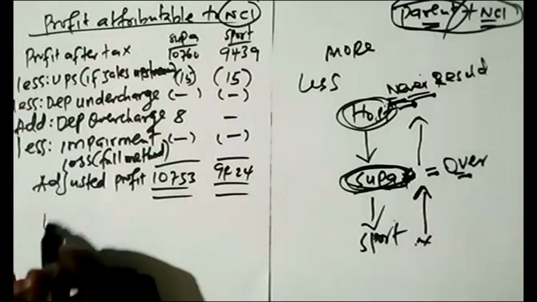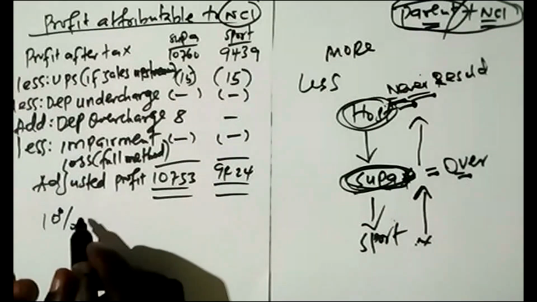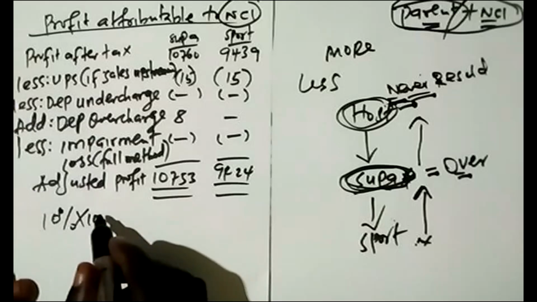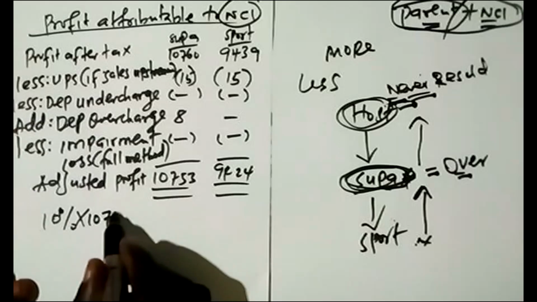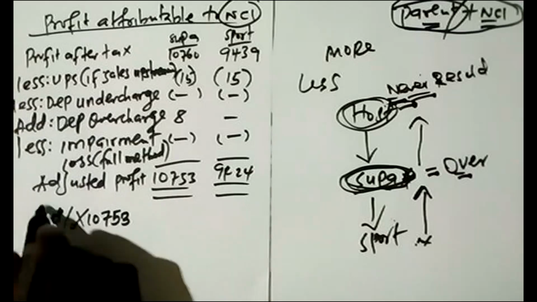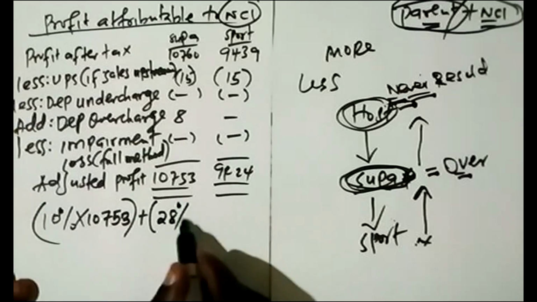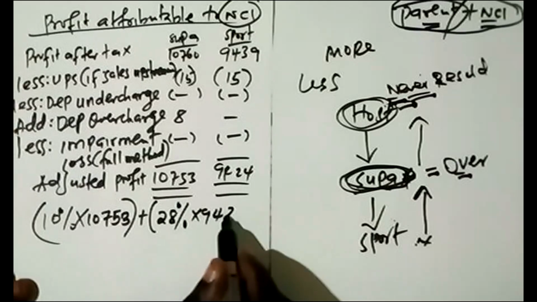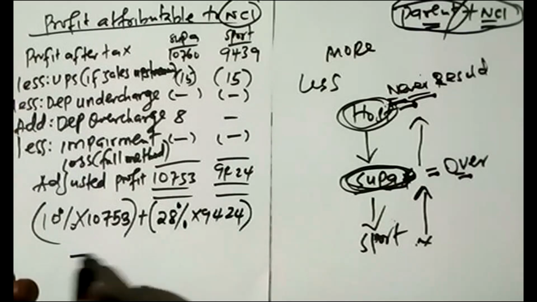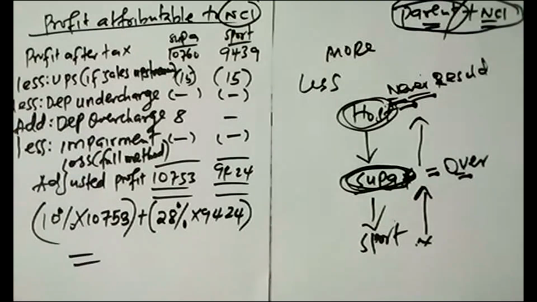So super, it was 10% the NCI. So take 10% of 10,753, that is 75. Then for the other one it is 28%. So 28% of 9424. So add the two.